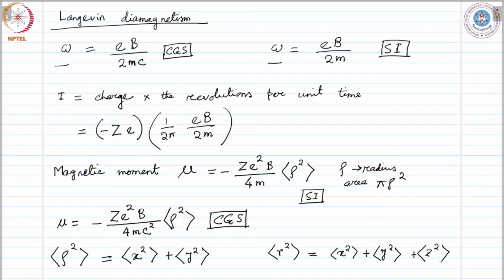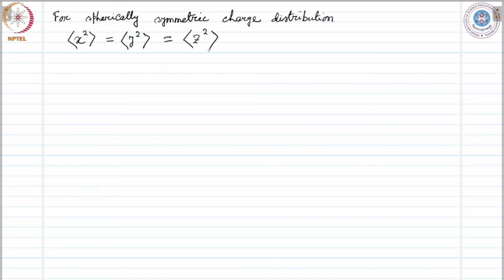And if we have a spherically symmetric charge distribution, then we can write the average of x squared equals the average of y squared equals the average of z squared.